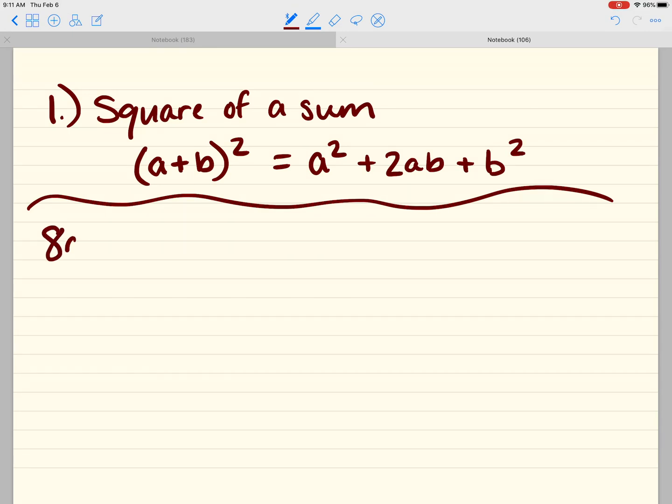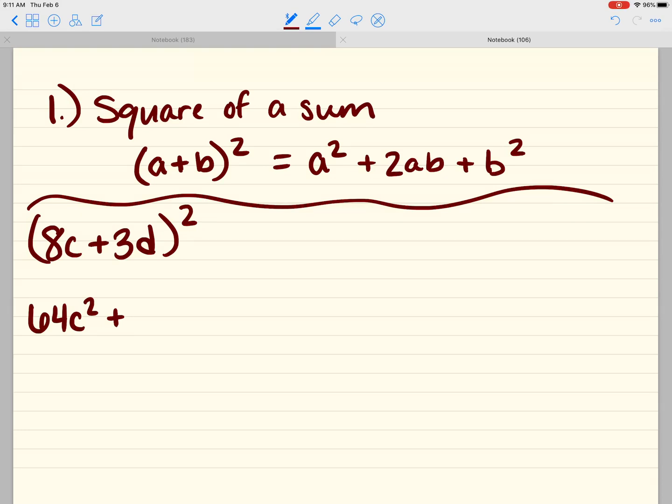All right, so let's look at if I have (8c + 3d) squared. First, you're going to square your first term. Remember, number parts stay normal, so what would 8c times 8c give you? There we go. Okay, then you're going to multiply the two numbers together and double it.